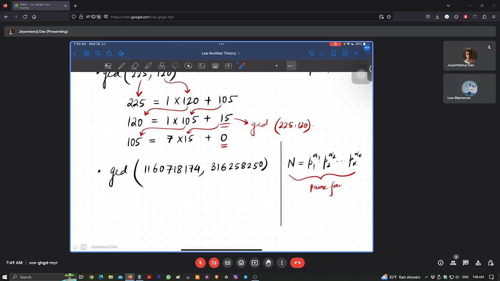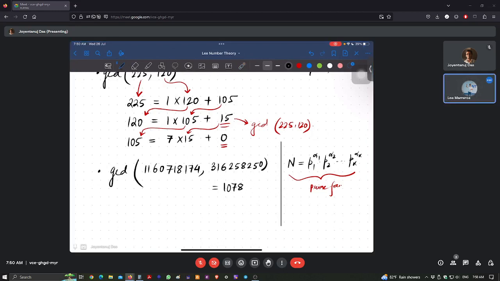You can see the table on the next page. Okay, so the GCD they have obtained here is 1078, right?